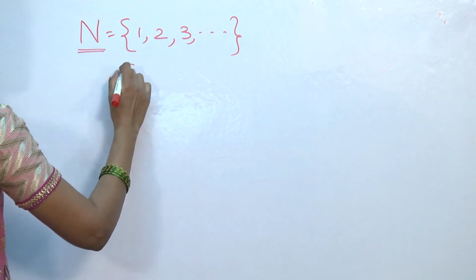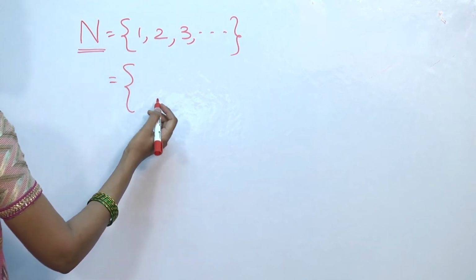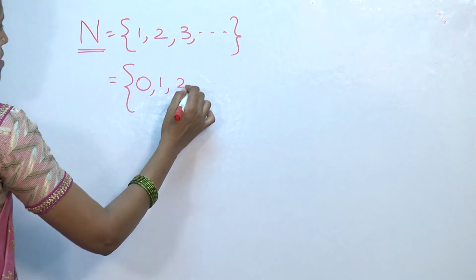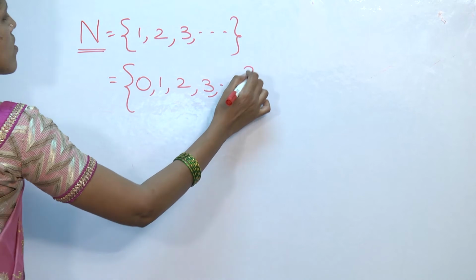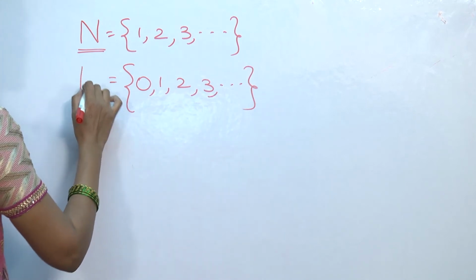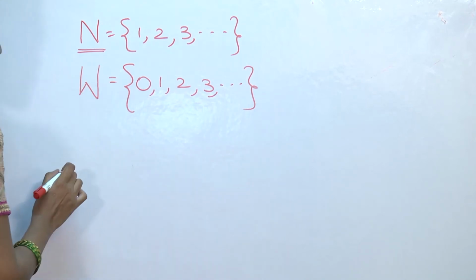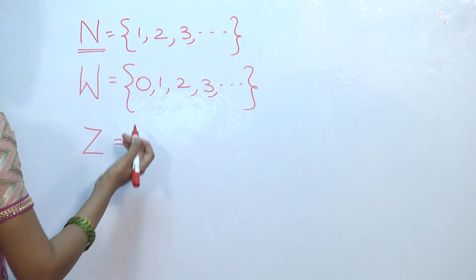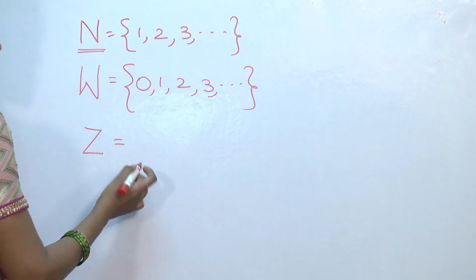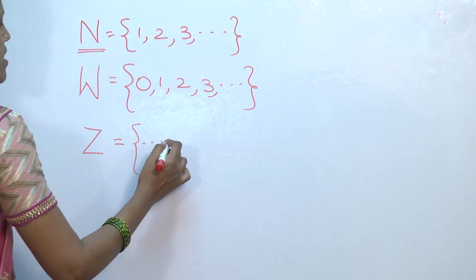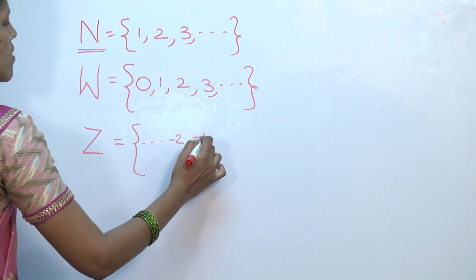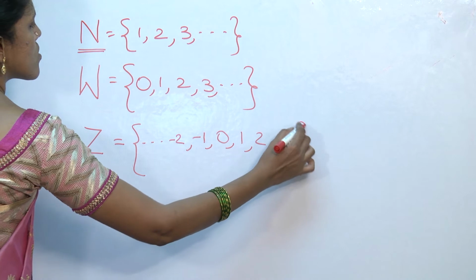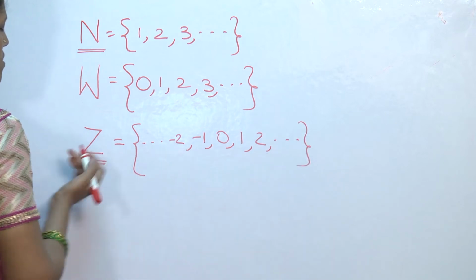If this set includes the number 0, it is called the set of whole numbers and is represented by the letter W. Now, all the positive numbers including 0 and all the negative numbers put together are called the set of integers and are represented by the letter Z.